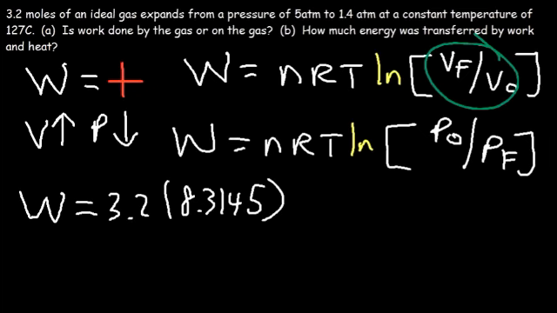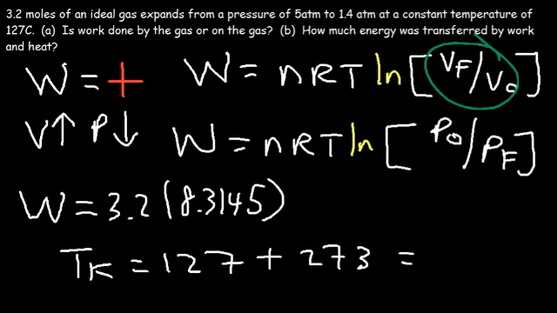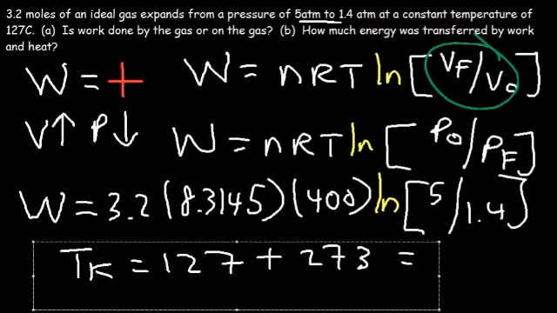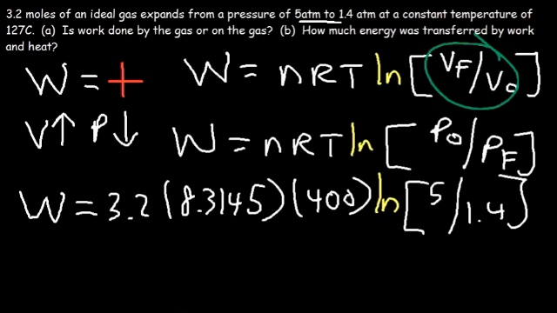So to get the Kelvin temperature, we need to add 273 to 127, which is about 400 Kelvin. Let's multiply that by the natural log of the initial pressure, which is 5 atms, divided by the final pressure of 1.4. So the work done should be positive, and it's done by the gas.